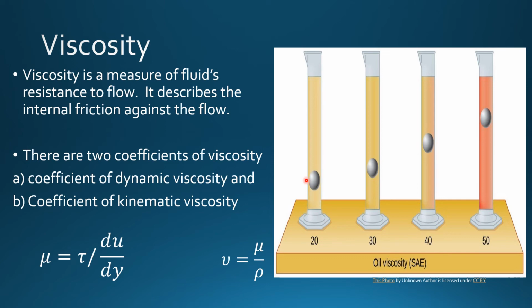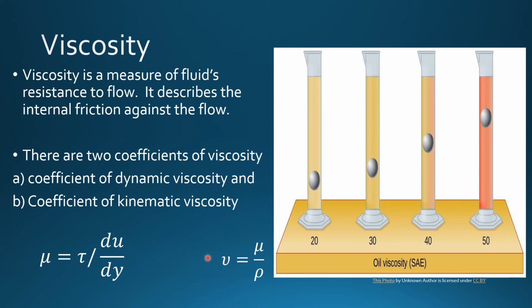So a fluid with large viscosity resists motion because of its molecular makeup, and there are basically two coefficients of viscosity. One is the dynamic viscosity, which is denoted by mu. Mu equals the shear stress divided by the velocity gradient. And the other one is kinematic viscosity.